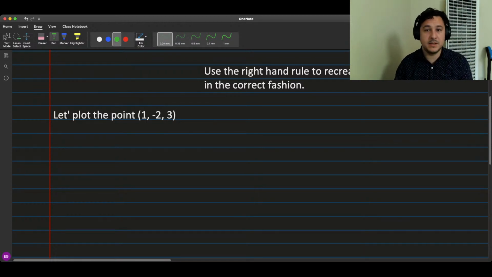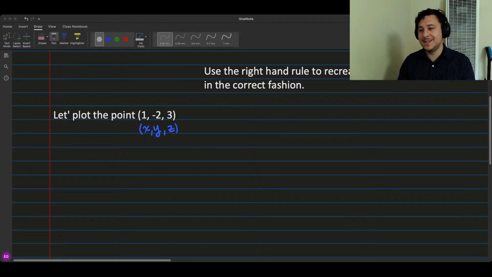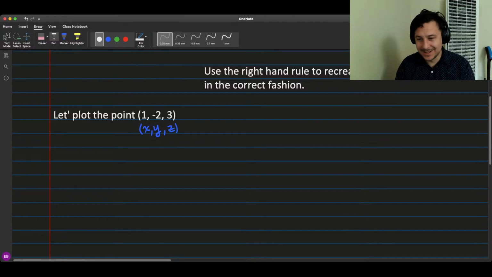Surprise, surprise, it always goes x, y, z. So doing this by hand is interesting. You set this up, and you're like, yay, here's my x-axis. Yay, here's my y-axis.